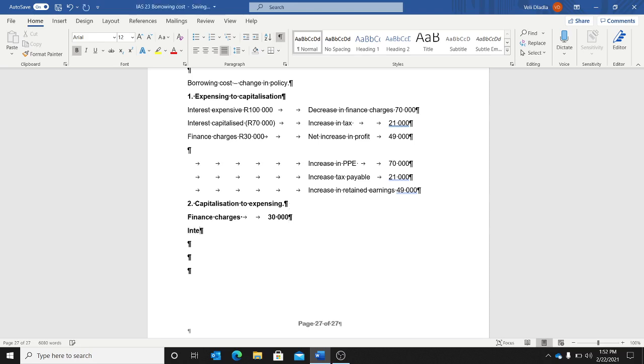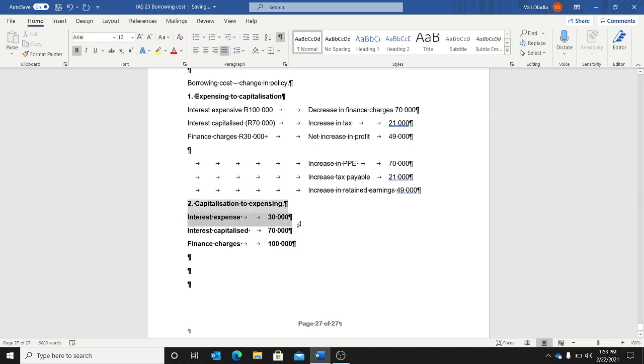You're bringing back the interest capitalized here, and that will take this to, let me just do it like this so I don't get confused, so your finance charges will be 100,000 now.